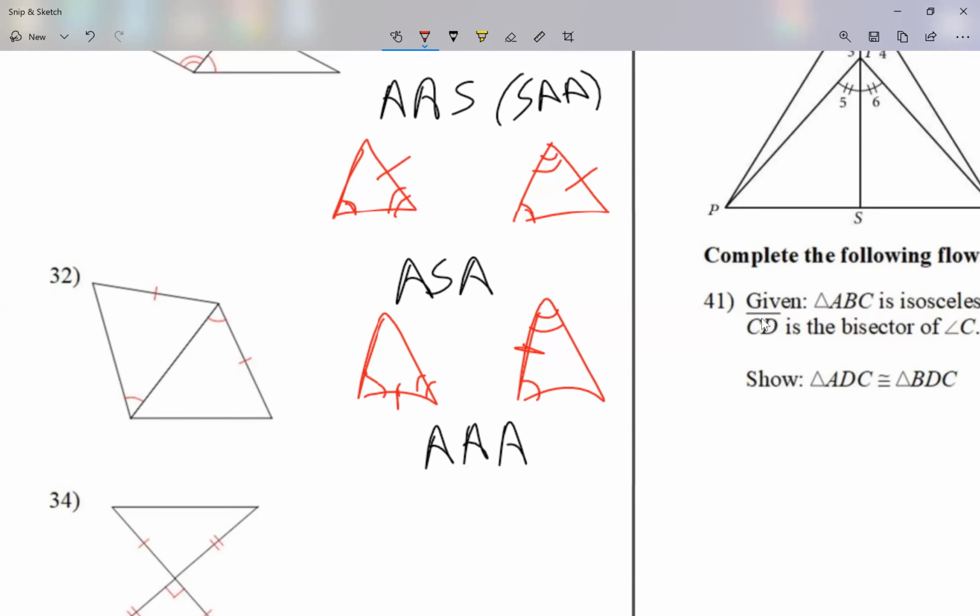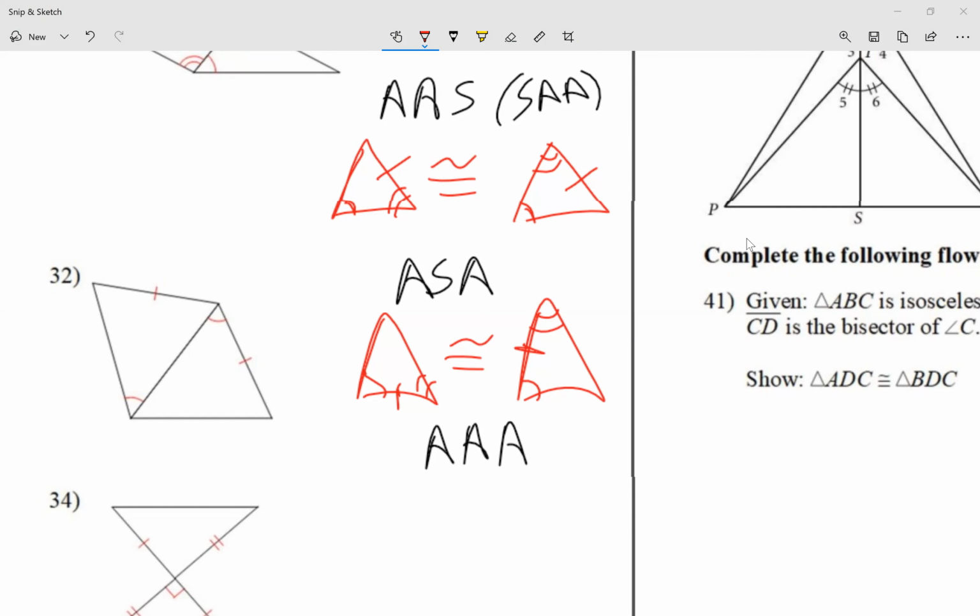In this case, the side is in between the angles. All right. Now, the first one, we call this triangle congruency on angle angle side. The second one, we call this triangle congruency on angle side angle. So on each case, you need 2 angles and a side, but do take a look at the difference. Angle angle side, the side is not in between the angles. Angle side angle, the side is in between the angles.